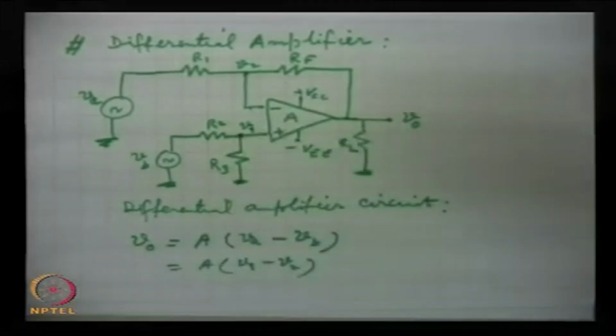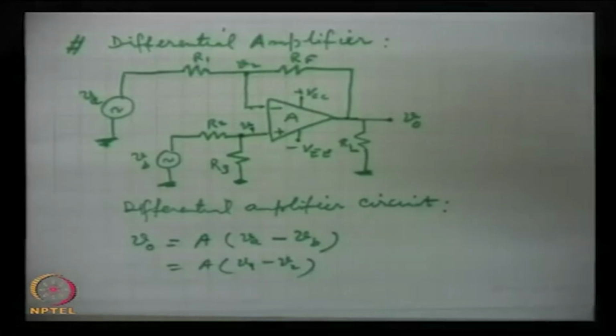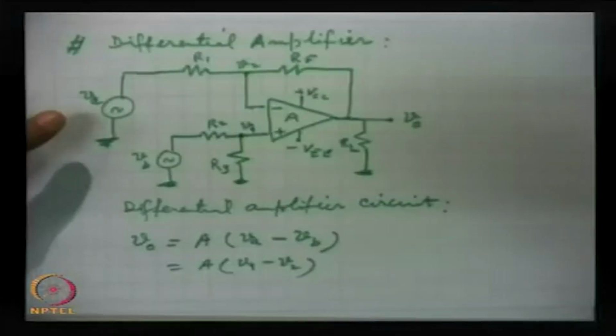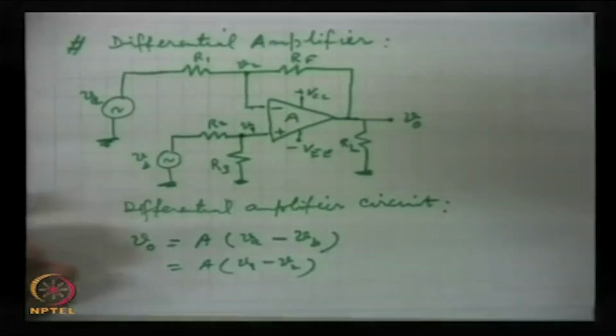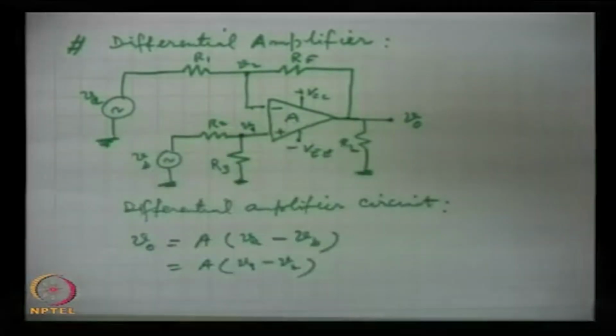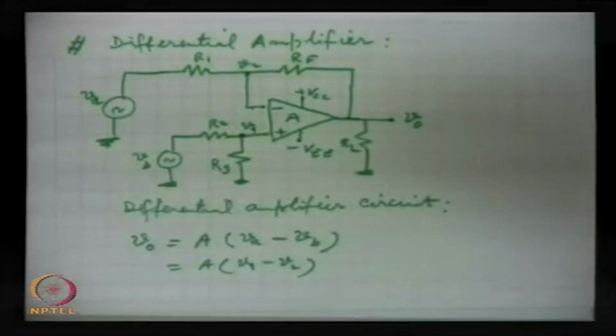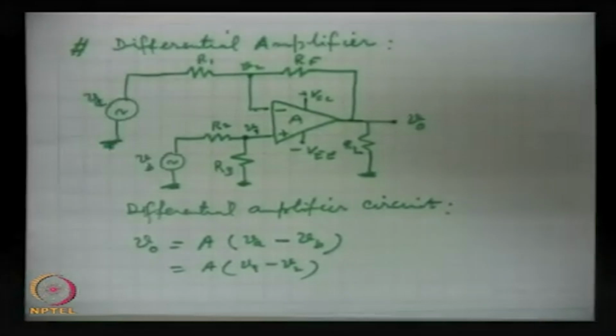Now, to study these two signals, again we take help of the superposition theorem. In such cases, it always pays to apply the superposition theorem, and we will take one input signal active at a time, the other will be grounded. We will see what will be the output of that, and then the other will be activated and the first one will be grounded.